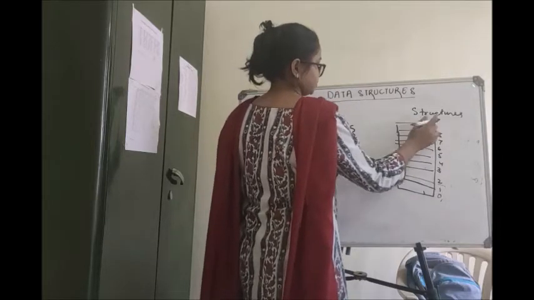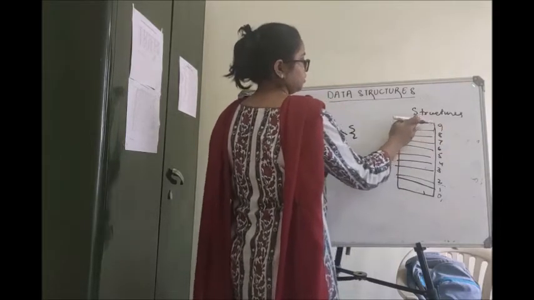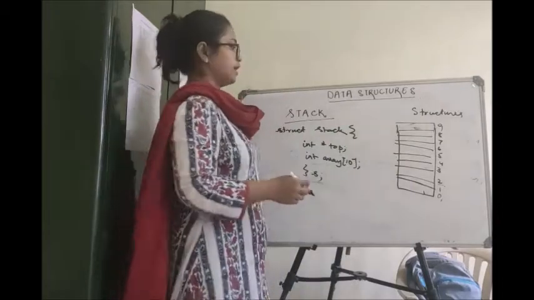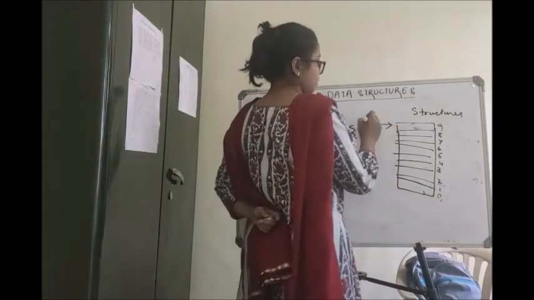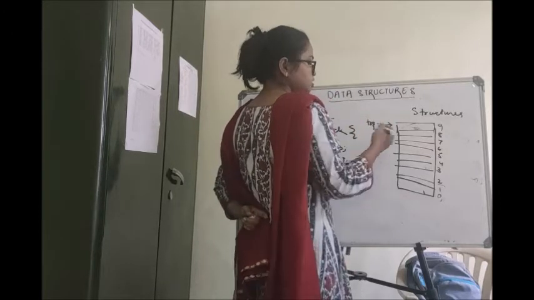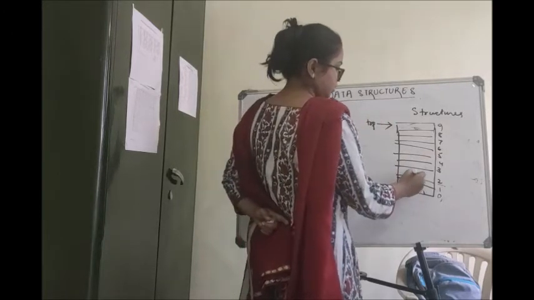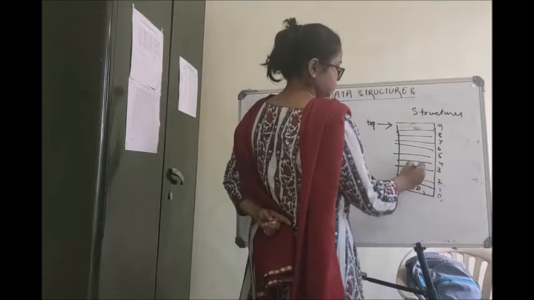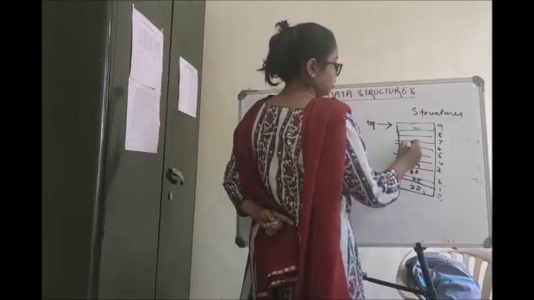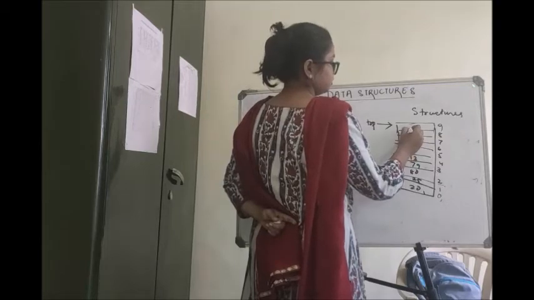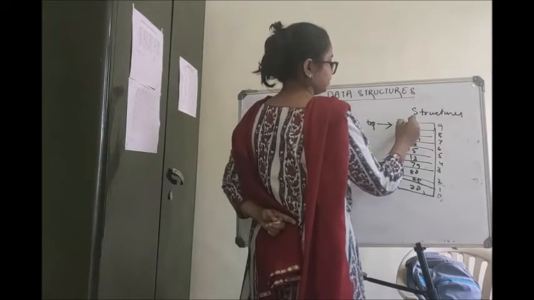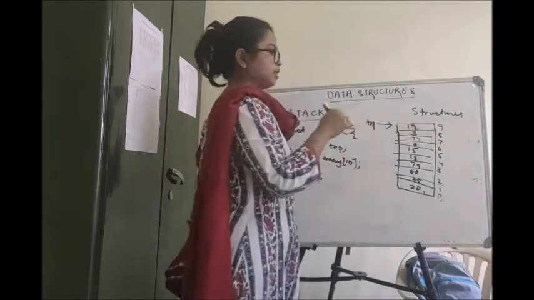Okay. So this is how it looks like, and the topmost element is what? What is the last element? That is the top element. The top points to this one. Suppose the elements are 20, 25, 80, 79, 13, 15, 6, 74, 3, 19. Suppose these are the elements.